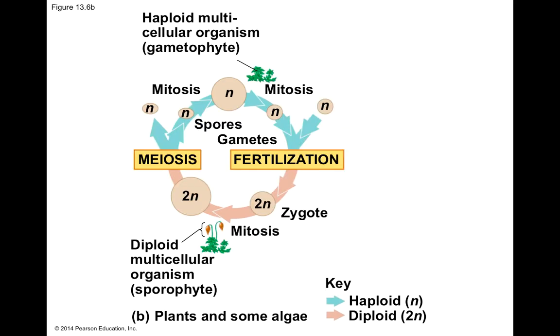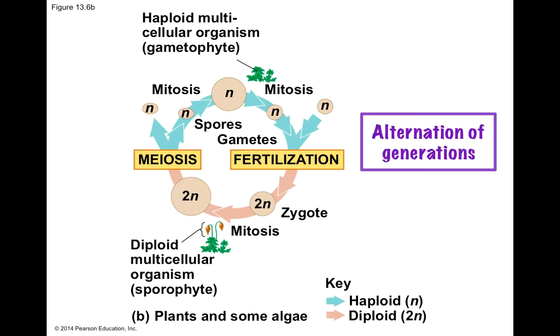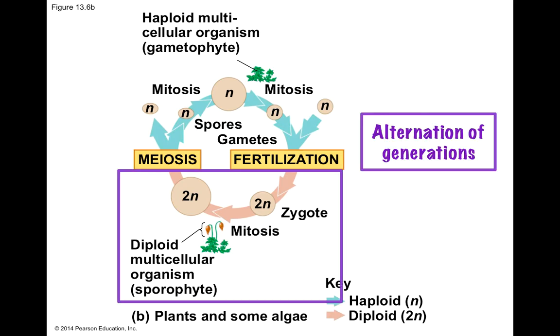Here's the life cycle of plants and some algae. Plants are a little different because as a multicellular organism, they can be either diploid or haploid, and this is called alternation of generations. The diploid organism is a sporophyte. Note, anything that ends in phyte, P-H-Y-T-E, refers to a plant, and it can make haploid spores through meiosis.